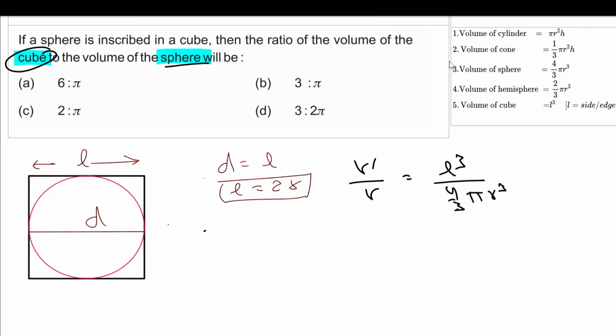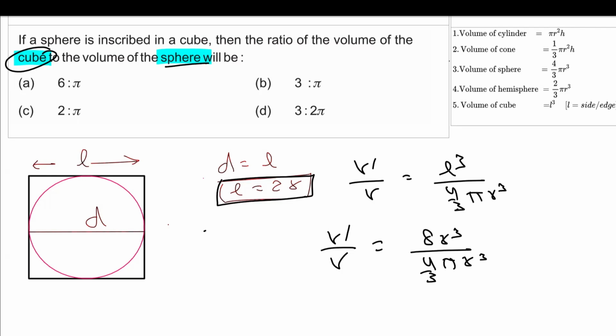Now from this, I can replace L. On replacing, L can be written as 2r. The cube of this is 8r cube, and that divided by 4 over 3 pi r cube.